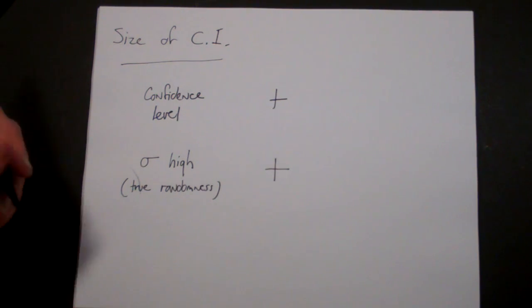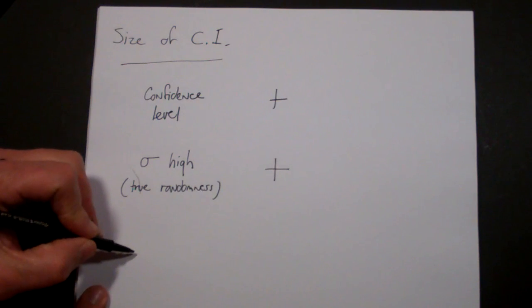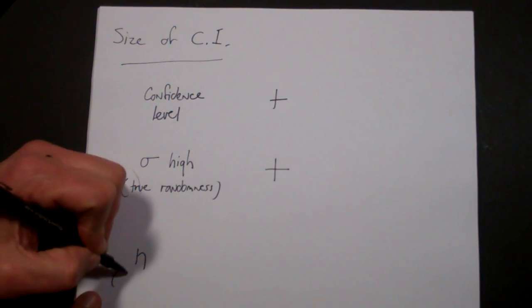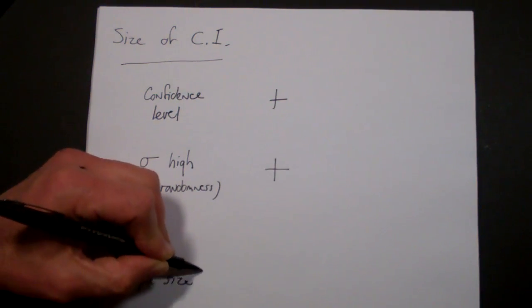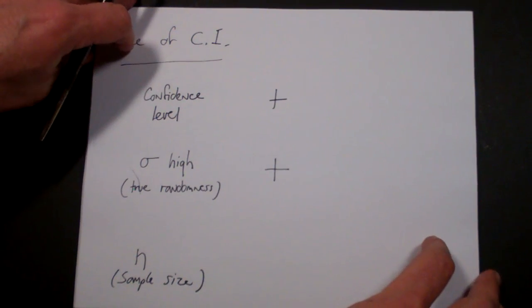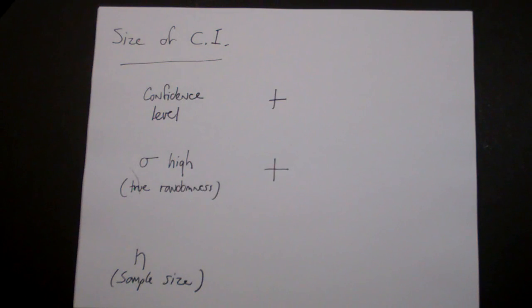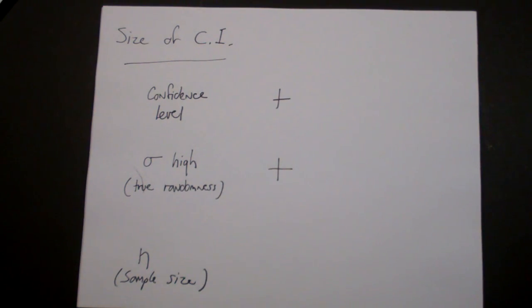And the last thing that affects the size of the confidence interval is the sample size n. Let's say you were wondering who was going to win the next presidential election. And what you did is you went and asked 20 people selected at random.